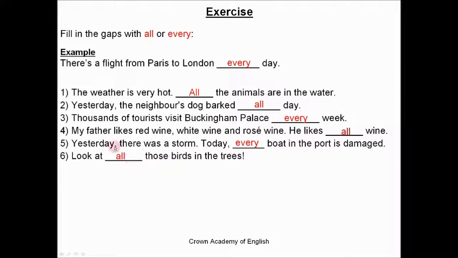So we must use the word all with the word those. And the last question, question 7. My sister has borrowed all my CDs. And again, remember the rule we saw earlier. This is a possessive pronoun. This is a word my, it's a possessive pronoun. It means the CDs of me, that belong to me. So we can only use the word all. We must not use the word every.